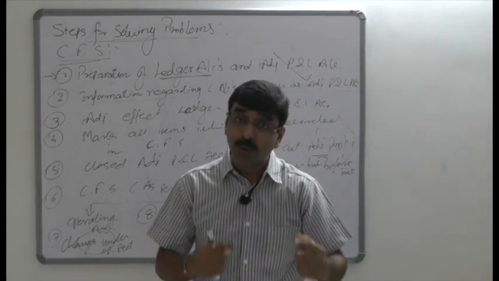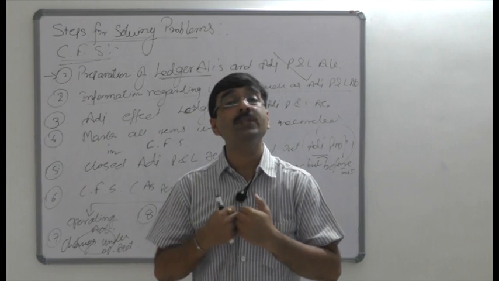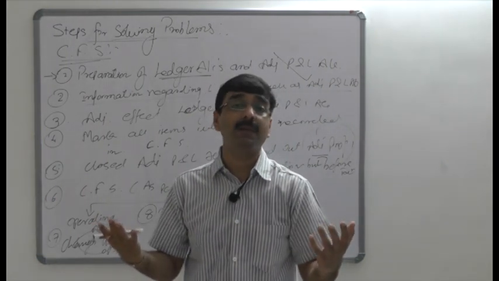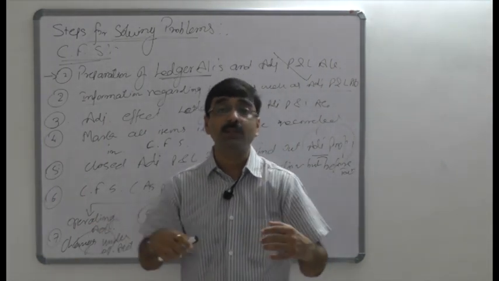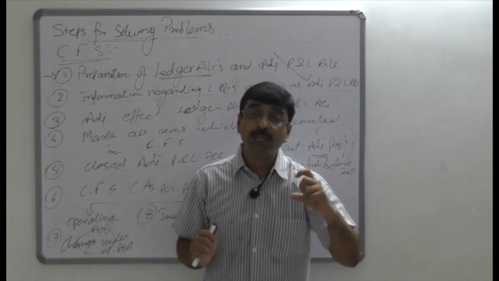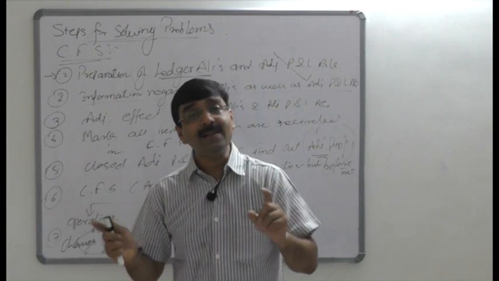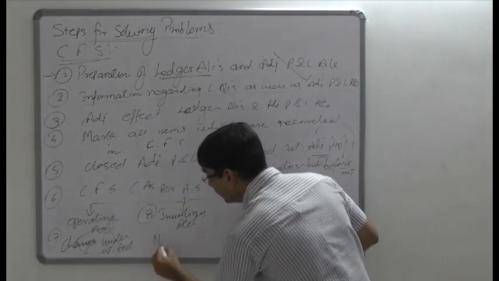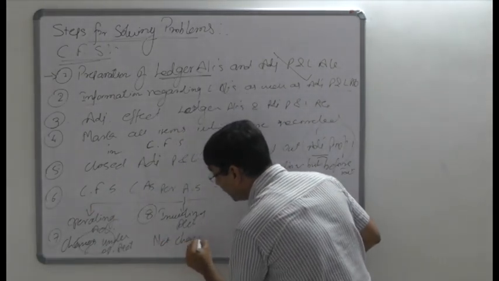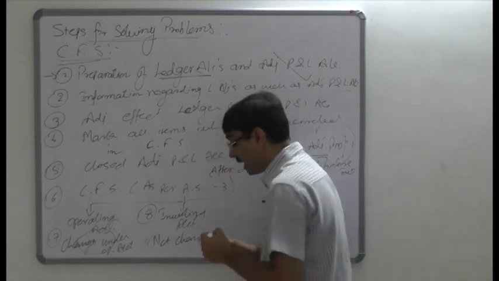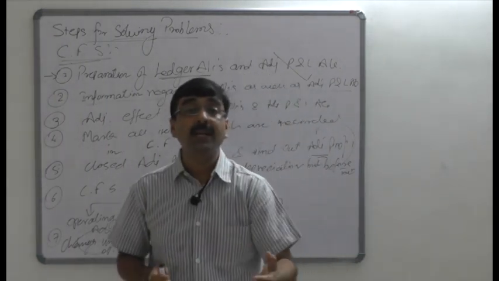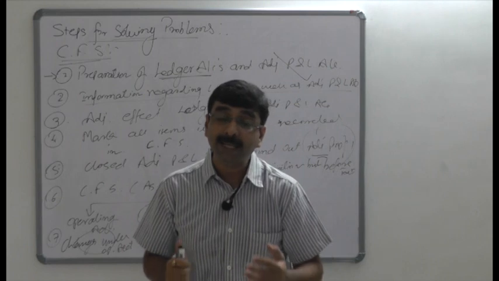In the reverse case, if during the year you sell fixed assets and investments, cash comes in, so that is your cash inflow. We need to identify the changes of this inflow and outflow and find out the net changes under the investing activity. So that is your step number 8.